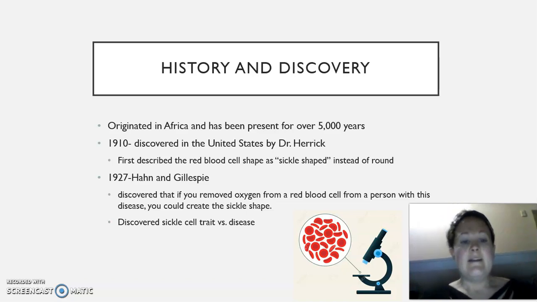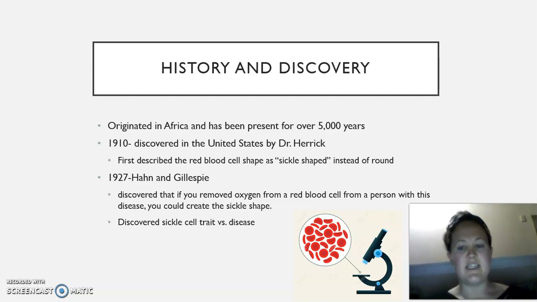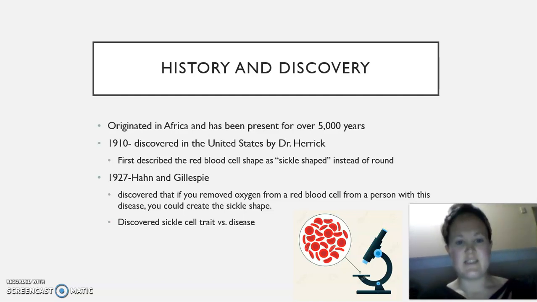Then they tested patients' family members, and in some cases, they saw that even if a person tested negative for the disease, they still had this sickling happen when they removed the oxygen. That's how they discovered that you can still have symptoms even if you don't test positive for sickle cell disease.